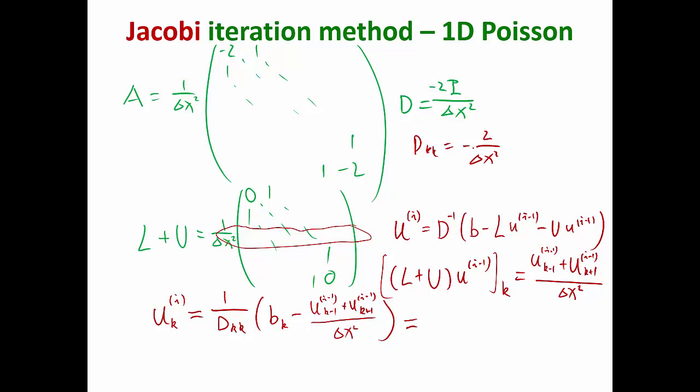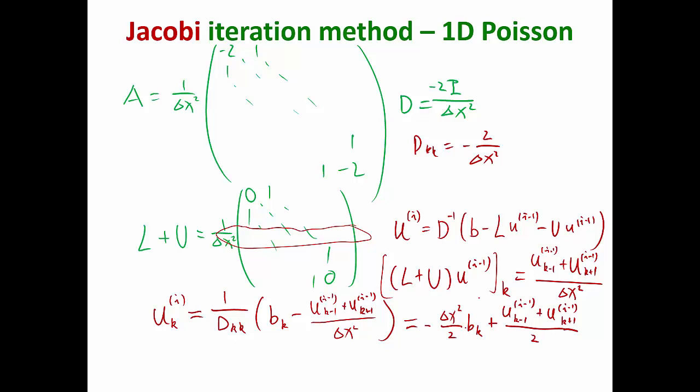Then I plug in this d kk. What I get is, first of all, the coefficient on b is just 1 over d kk. It's minus delta x squared over 2 times b k. And all of these become plus. So it's plus half of u k minus 1 at i minus 1, plus u k plus 1 at i minus 1.